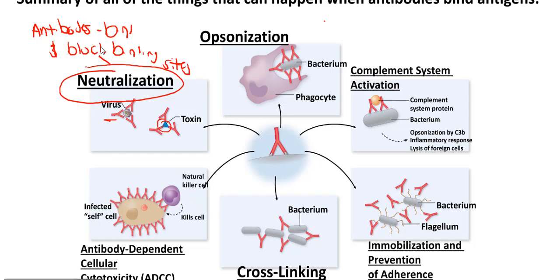Second thing that can happen is called opsonization. In opsonization, antibodies will coat the pathogen, such as in this case, they're coating the bacteria, and this makes it easier for phagocytes to recognize and engulf. So this is easier for phagocytosis.